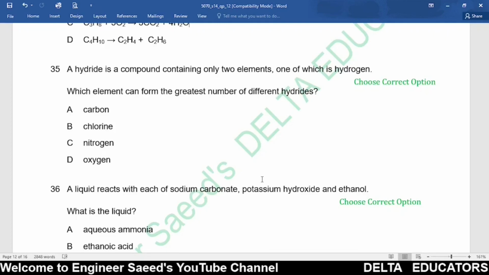And in the alkane, alkene and alkyne families, we do not have a fixed number of compounds. In these homologous series, in these families, we have an infinite number of compounds. With the increase in the number of carbon atoms, we will get a new compound in that family. So we can say that the greatest number of different hydrides will be formed by the combination with carbon. So the correct option will be option A carbon.